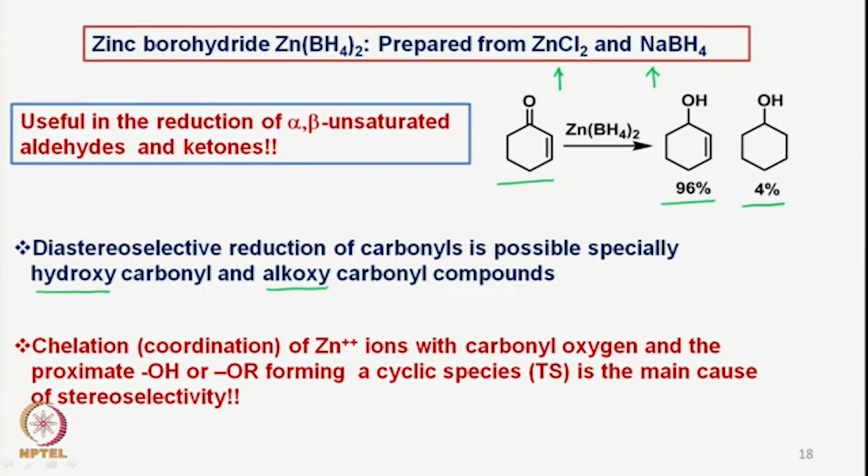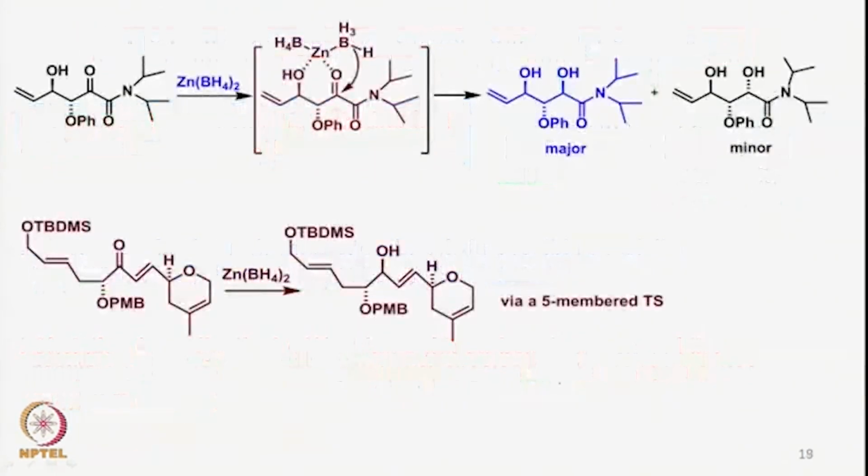It allows the reduction to take place due to the coordination of zinc ions with the carbonyl oxygen and also to the proximity-based OH or OR group, and thus they form a cyclic transition state, and that is the reason why there is a very high stereoselectivity or diastereoselectivity depending on the molecule.